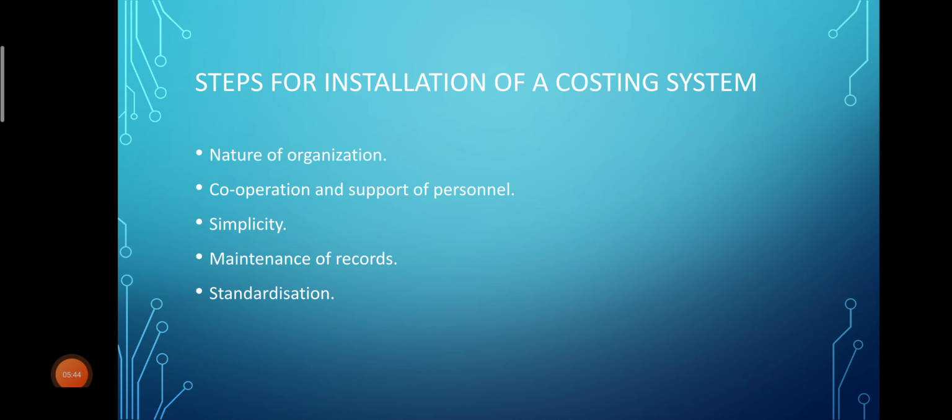Standardization: whatever records and forms they are using should be uniform because it helps in comparison of data with the historical data. So these are some of the steps involved in installation of a costing system. Hope these points are clear.